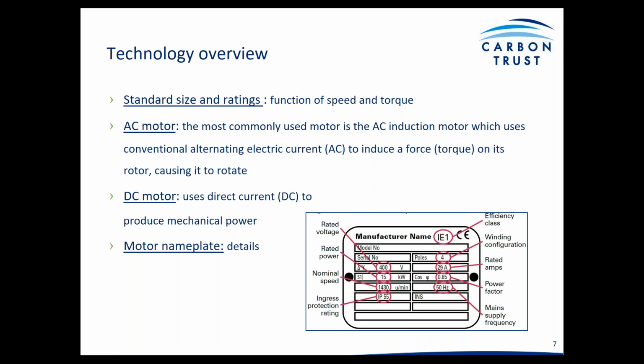Just to give you an overview of a typical electric motor, you can see the nameplate in the slide. A typical nameplate of an electric motor shows the efficiency class of the motor. Obviously, you can see the power of the motor, the voltage of the motor, the speed that the motor is allowed to run at, IP protection, power factor, rated amps, and main supply frequency.